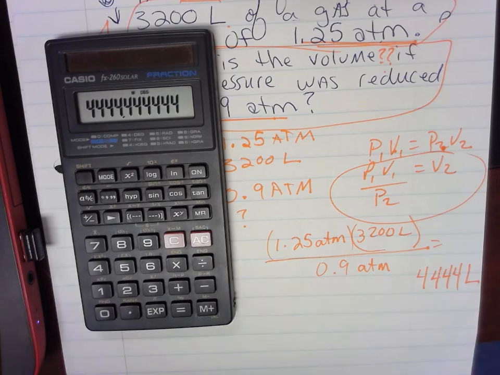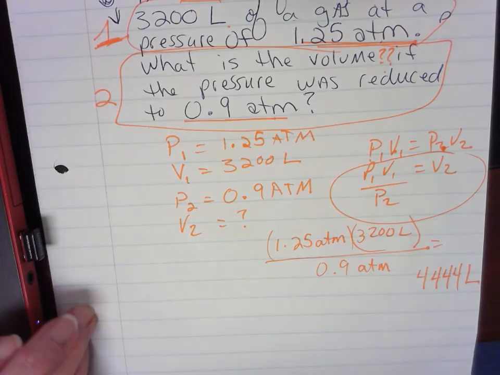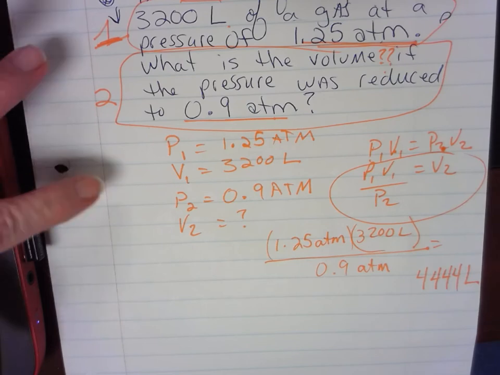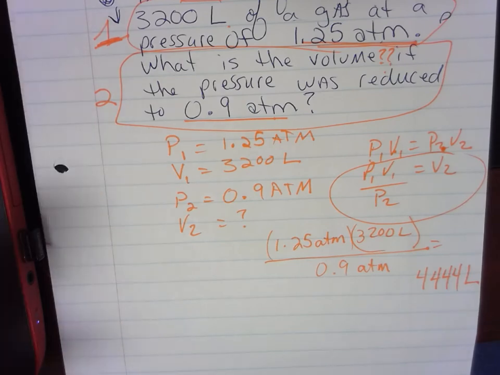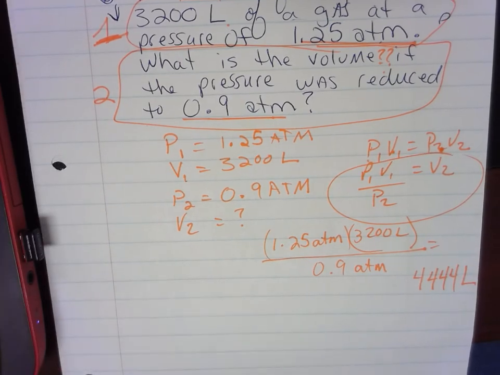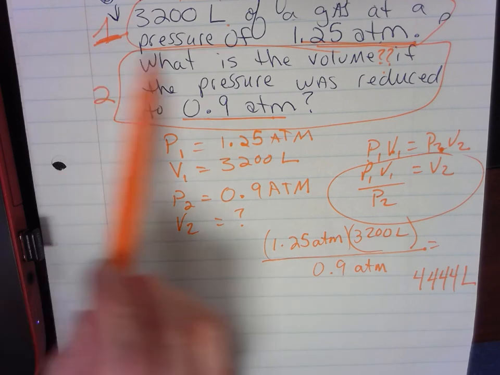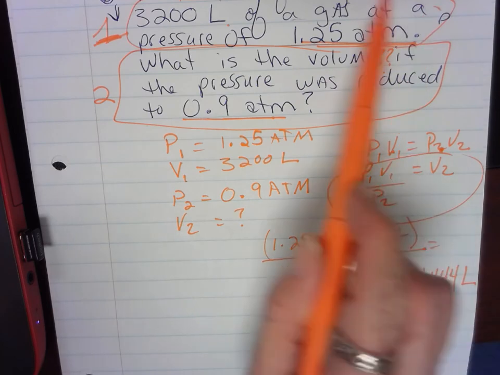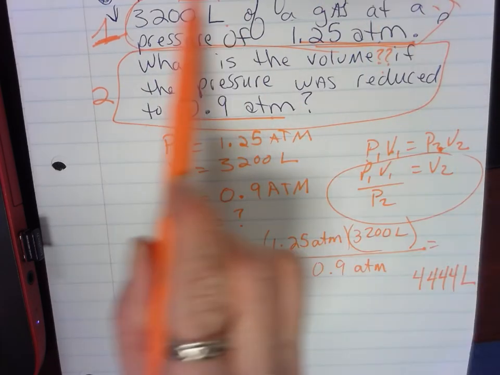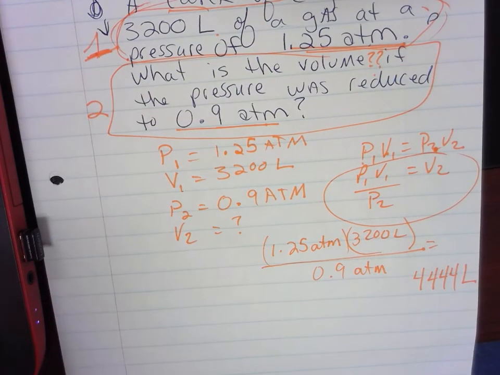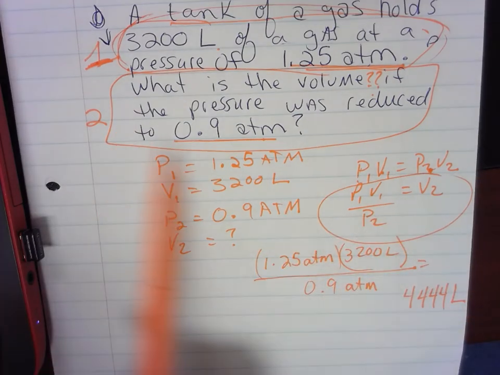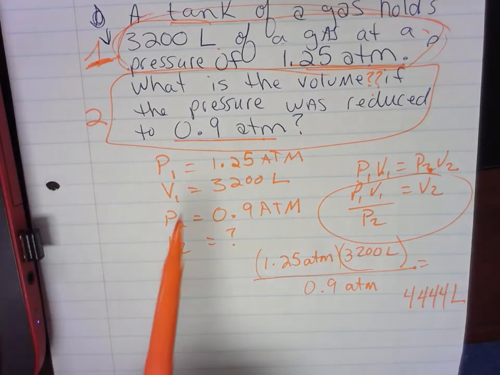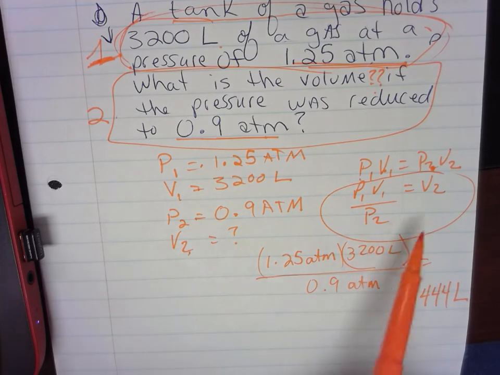Okay, so now we haven't done these problems in this class, again, because I didn't have time to get this far, but all you're doing is substituting numbers. So the only way you can screw this up is by not getting your ones and your twos straight. Okay, so just decide that, okay, this is going to be my scenario 1 and write a 1 by it. This is going to be my scenario 2, write a 2 by it. Write out your numbers, substitute them in, and solve the problem.